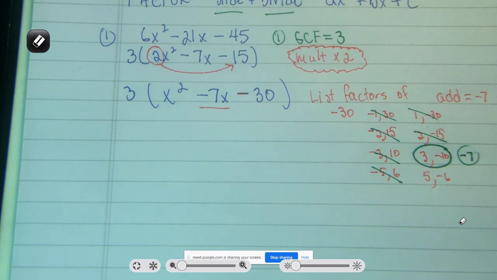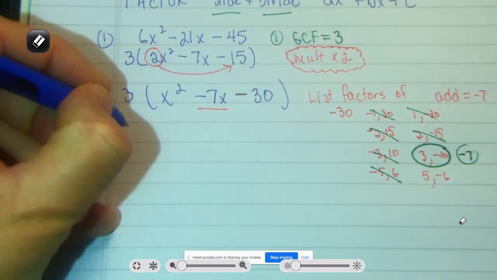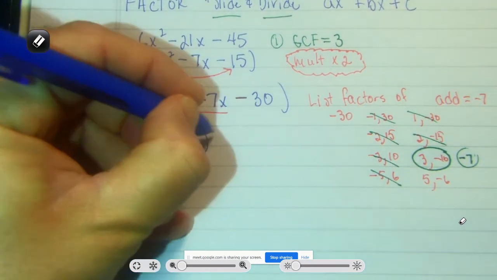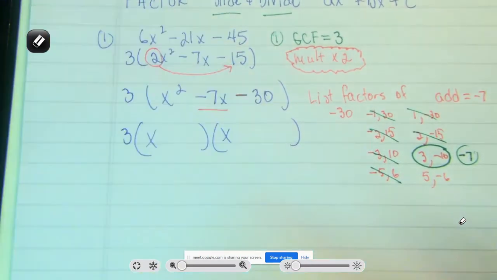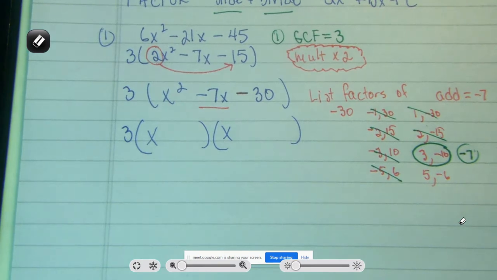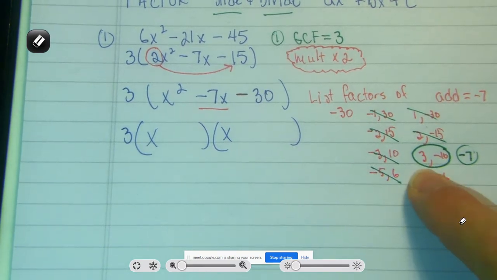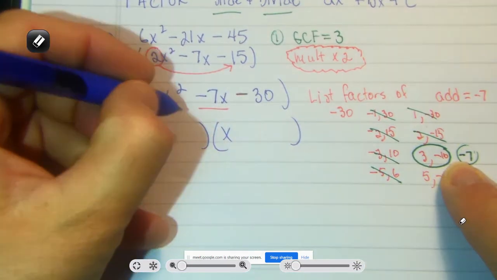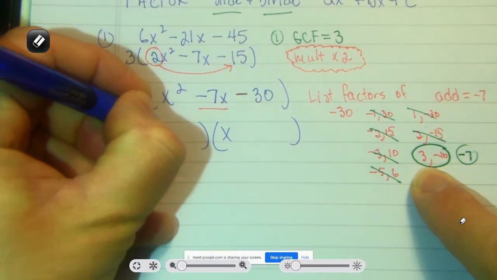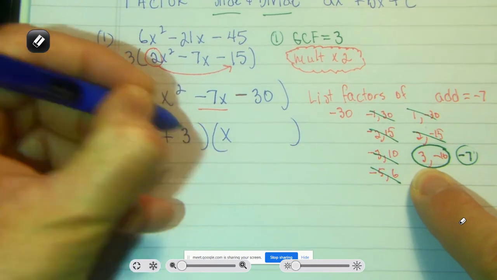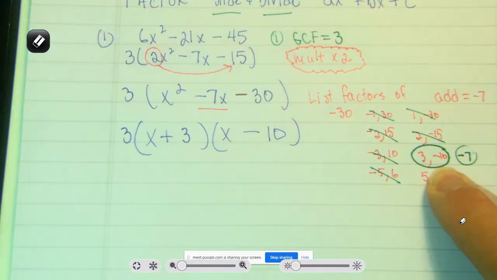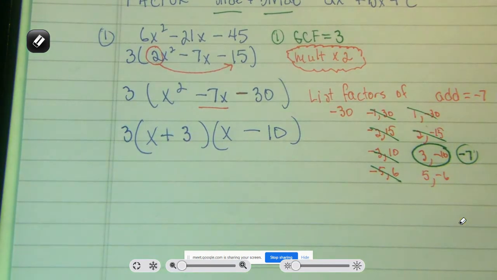All right, so here we go. To factor it then, all I have to do is use the 3 and the negative 10. It's going to be x plus 3 times x minus 10. Okay, hang on just a second though.